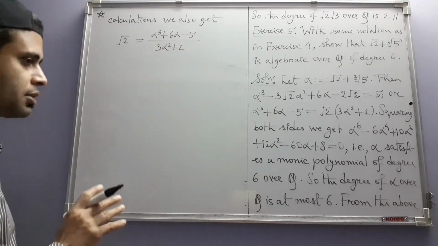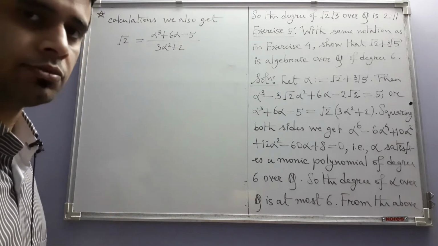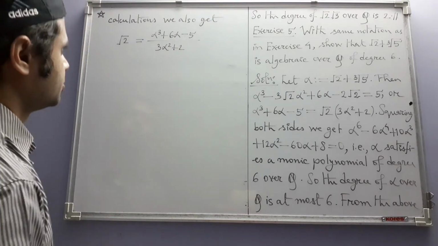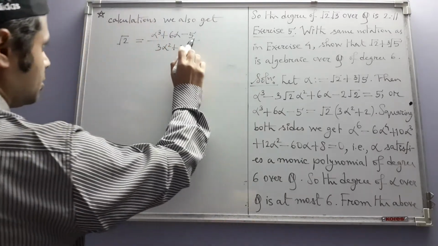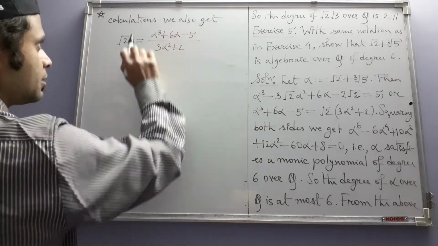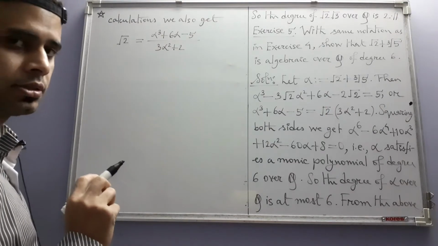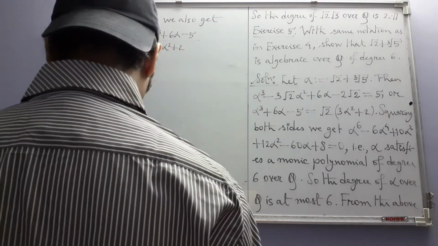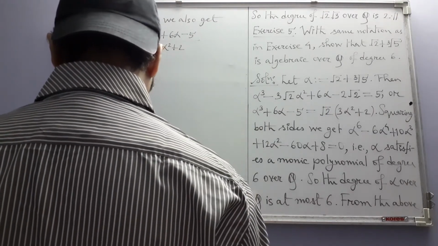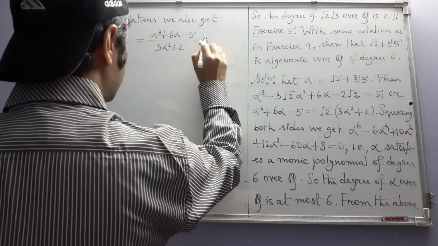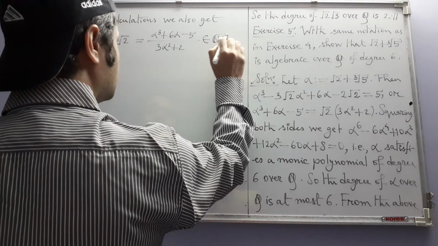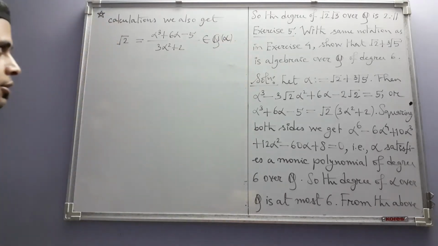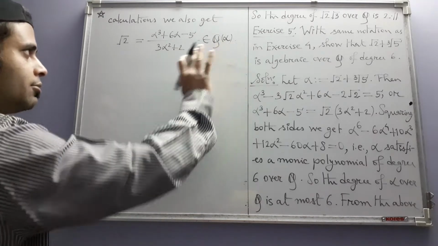Note that 3 alpha square plus 2 is positive, it can never be negative. And this thing, you see, it's a quotient of two polynomial expressions in alpha, and that is why it belongs to this extension of Q, the extension of Q obtained by adjoining alpha to Q.